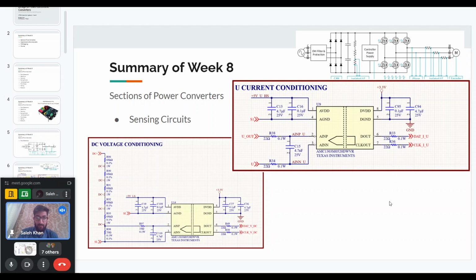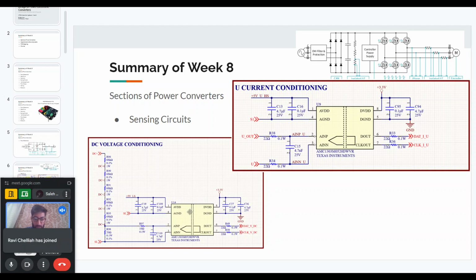The sensing can be done in various ways. The voltage sensing is done using a resistor divider. We have very high resistance here, and from one of the resistances we take an output, and this goes to an isolated amplifier.